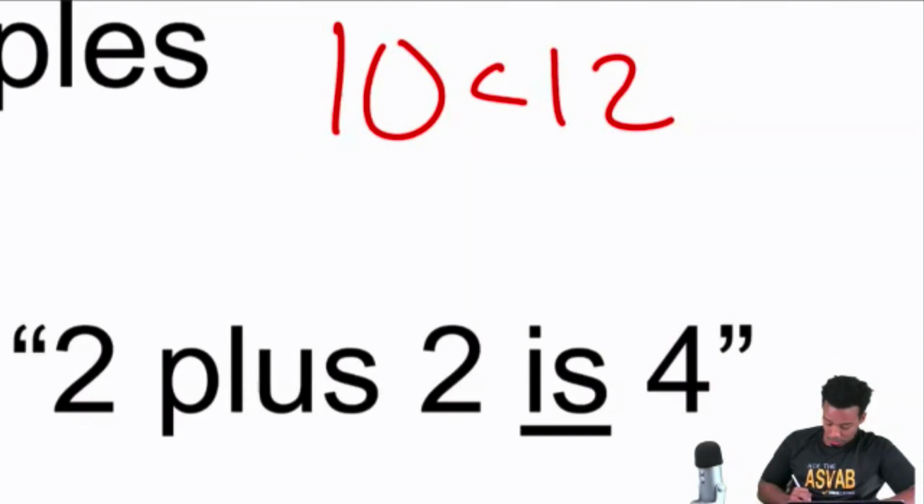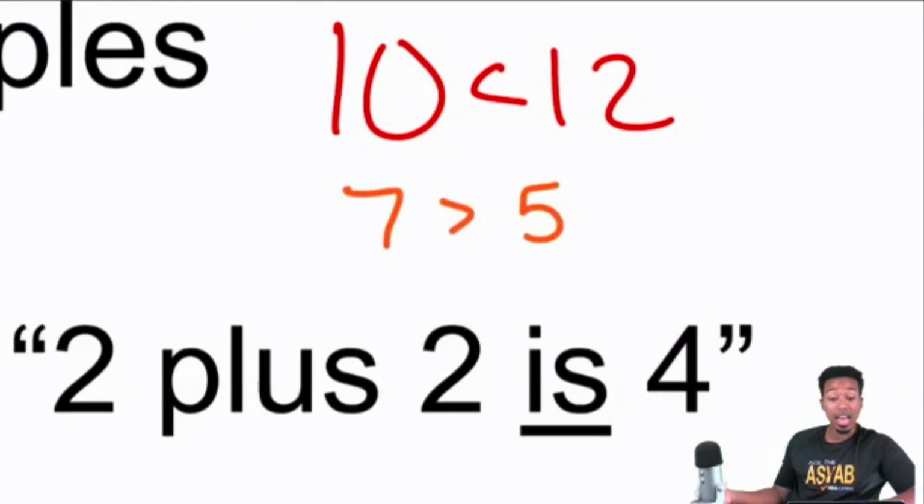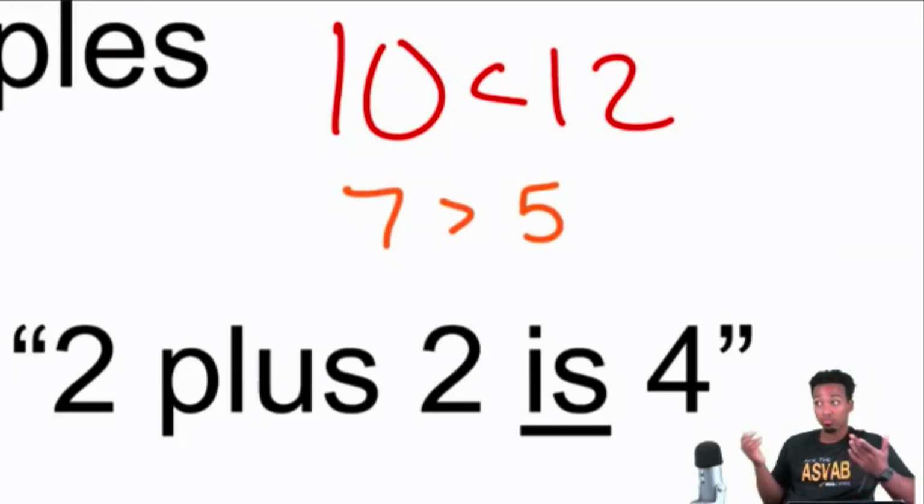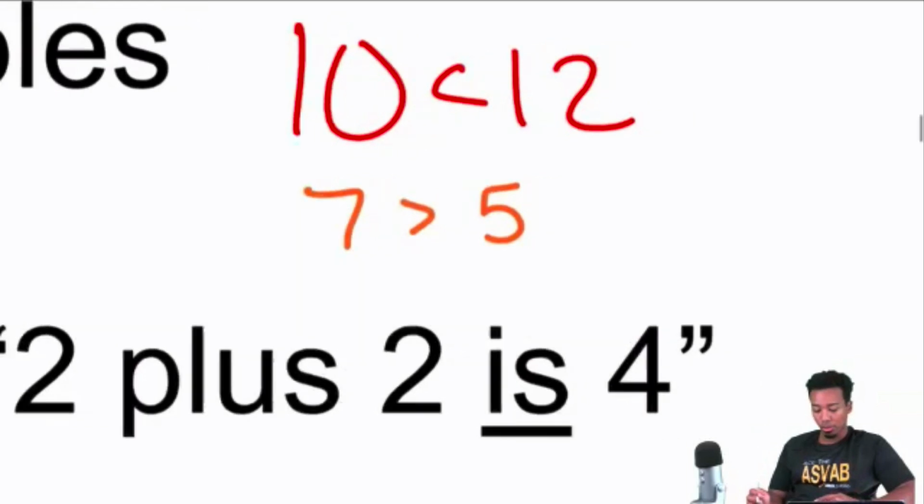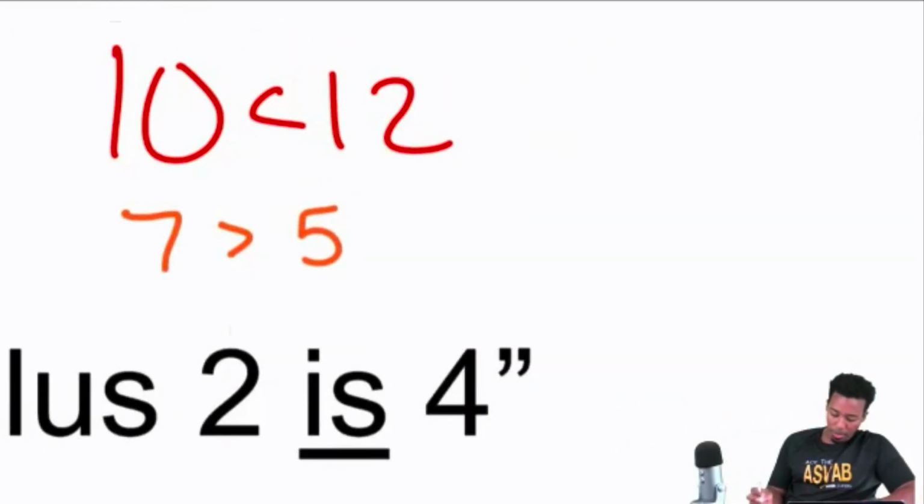What about this one over here? Is that a true or false statement? That is a true statement as well, because 7 is pointing at 5 saying, hi, I'm bigger than you. That is absolutely true. Let's try another one now. Maybe this one will be true as well.